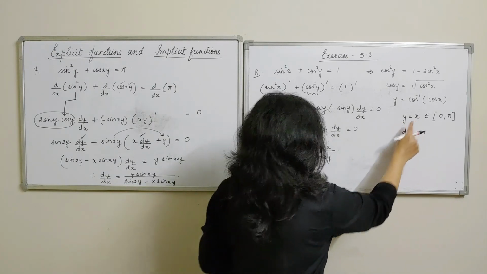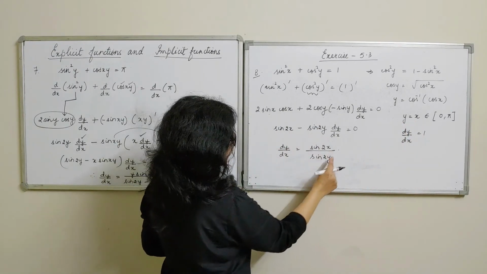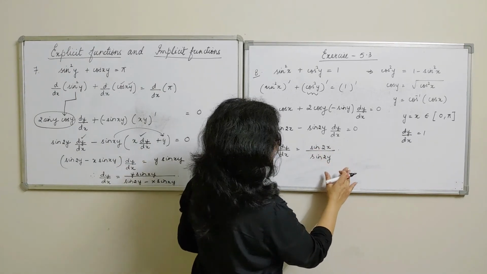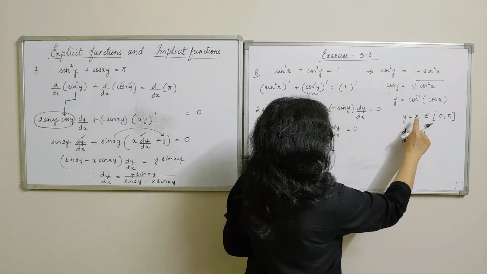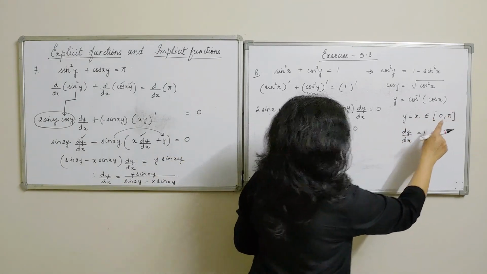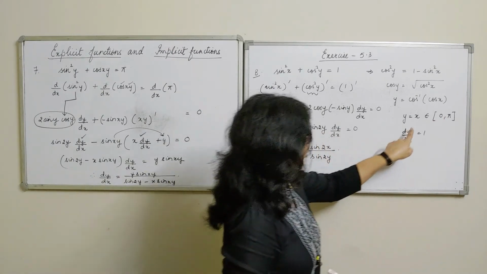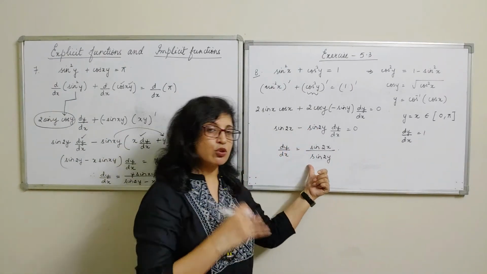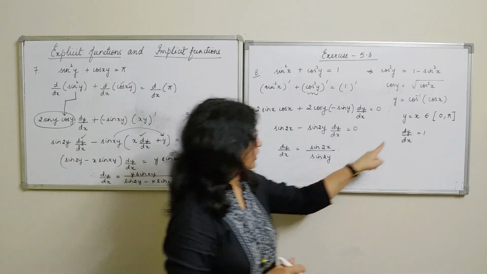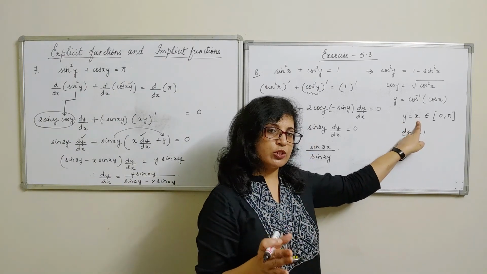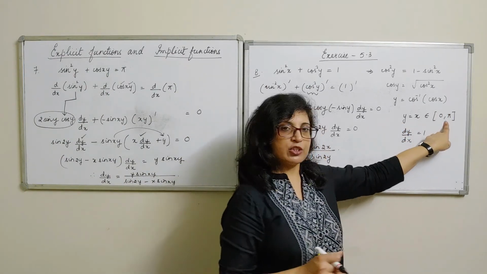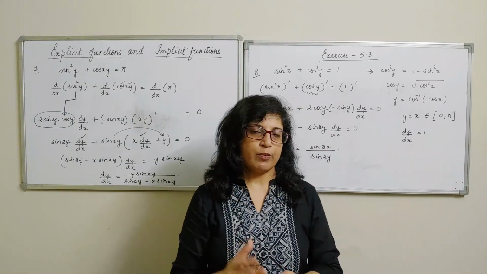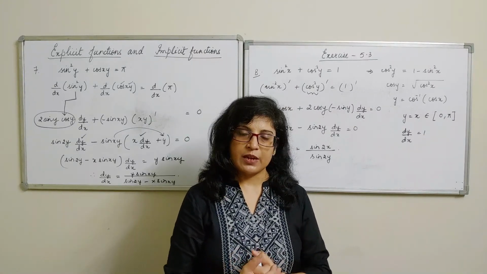So if y is equal to x, come back to the result obtained here: this derivative will also become equal to 1. We have not directly written this; we need to know whether the angle belongs to the principal branch or not. So if you are rewriting this way, there should be no confusion about why here the derivative is 1 and here it is not 1. The derivative can be 1 only when y is equal to x, and y will be equal to x only if x belongs to the principal branch of the cos inverse function. Okay, so with this we have finished the questions from exercise 5.3 which were based on explicit and implicit functions.